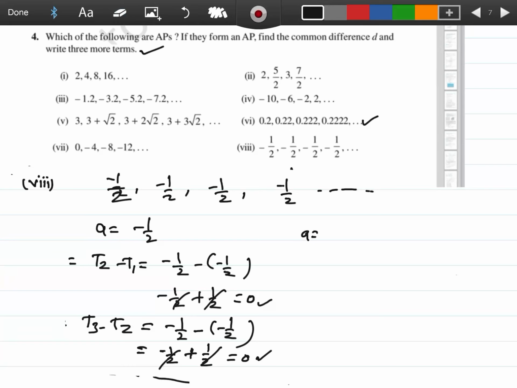So A is equal to -1/2 and D is equal to 0, and the next three terms of the AP will be remaining the same.